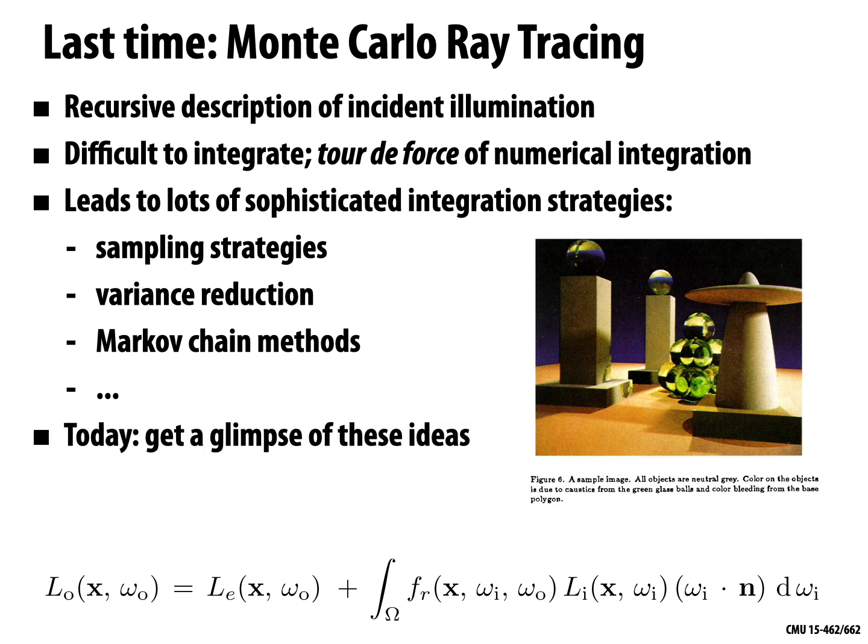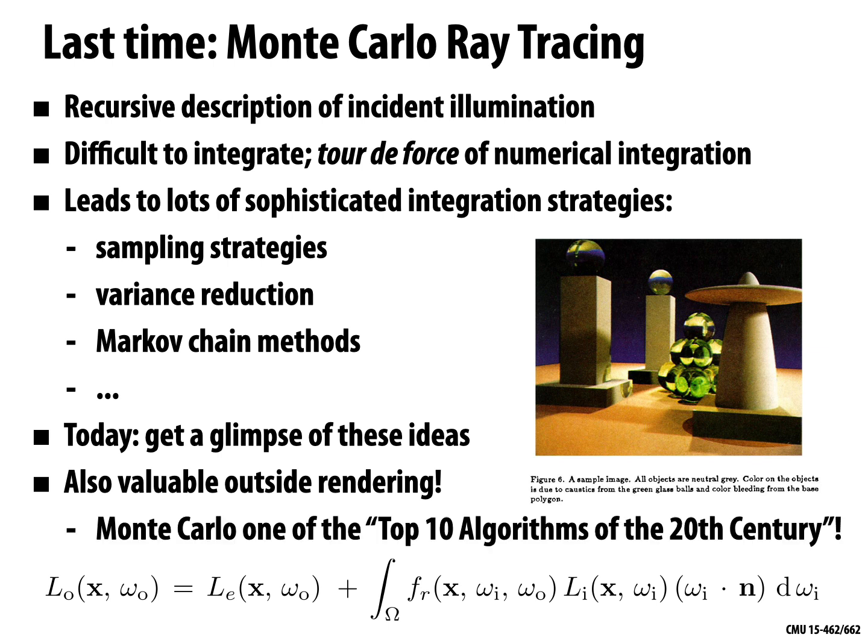So today we want to get an overview of a lot of these different kinds of ideas, and also keep in mind that the techniques we'll discuss are quite valuable even beyond computer graphics and rendering. In fact, Monte Carlo integration was named one of the top 10 algorithms of the 20th century. So this is useful essentially anytime you need to estimate a difficult integral.